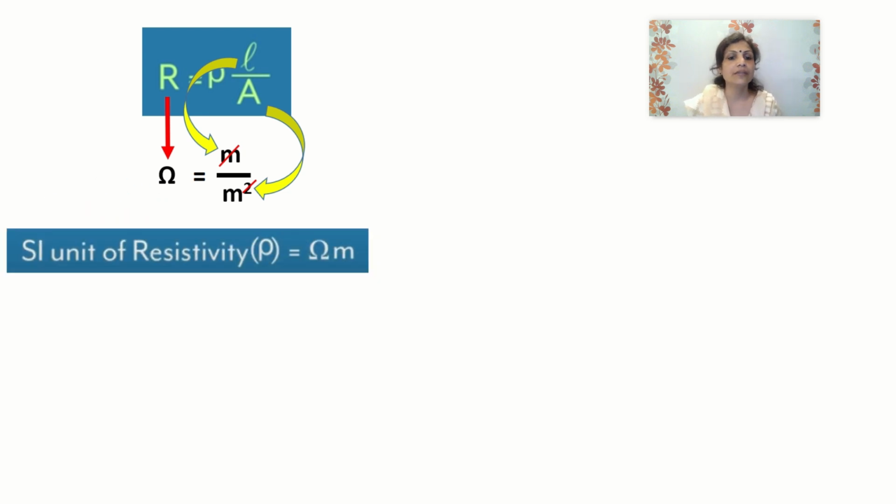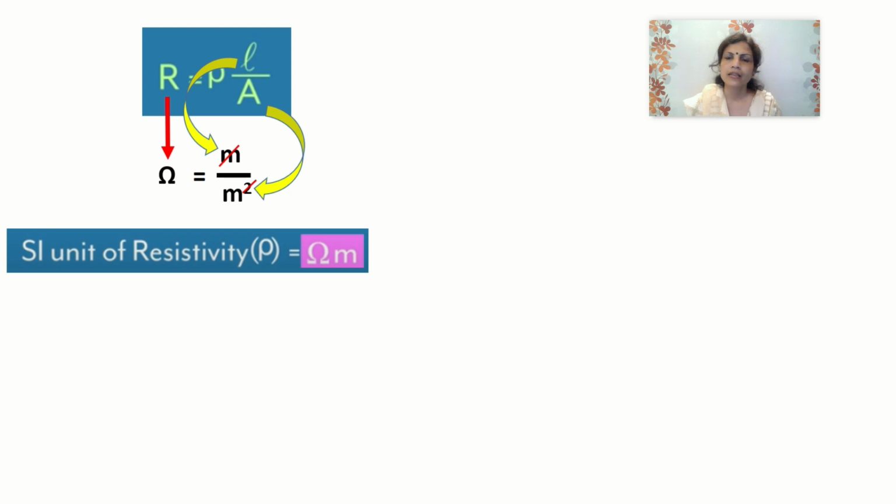Our formula is R is equal to rho L upon A. The SI unit of resistance is ohm, of length is meter, and of area is meter square. If you cancel one meter and cross multiply, the SI unit of resistivity is ohm meter.